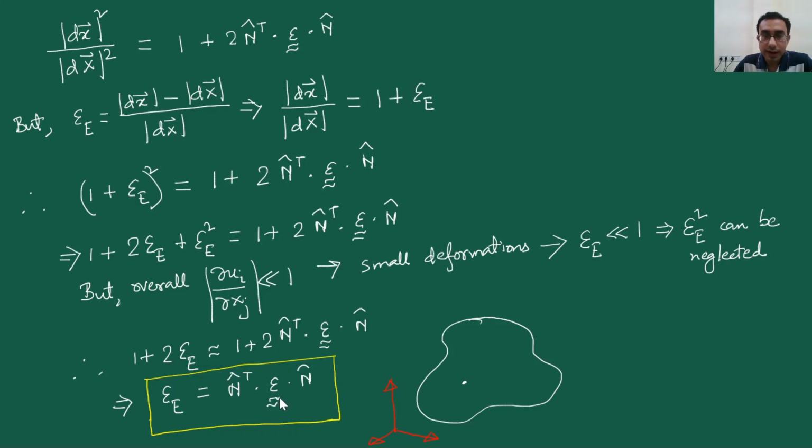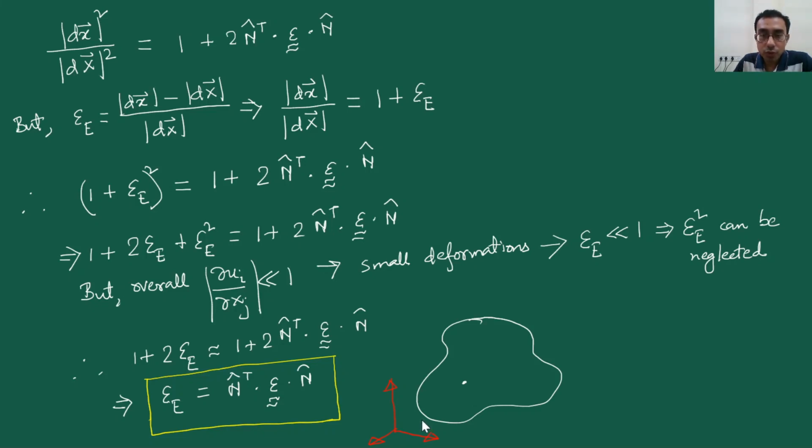This is a hypothetical engineering question; it's going to be far more complicated than that. Let's say the person says, tell me the engineering strain in that direction, maybe at 45 degrees to the x-axis, at 60 degrees to the y-axis, and some angle to the z-axis. In that particular direction I want my engineering strain.